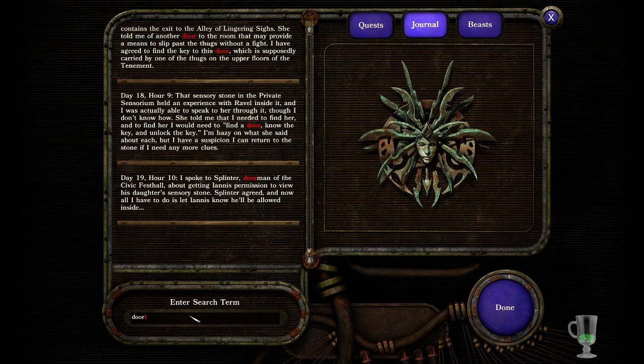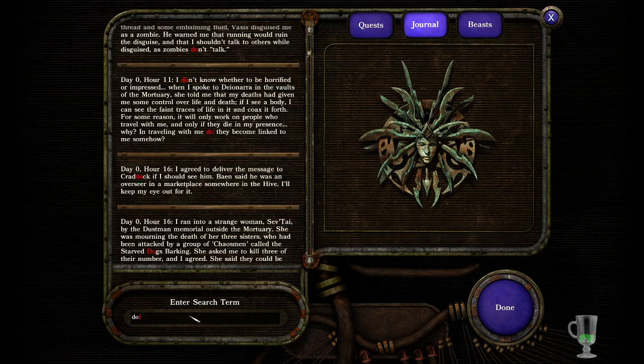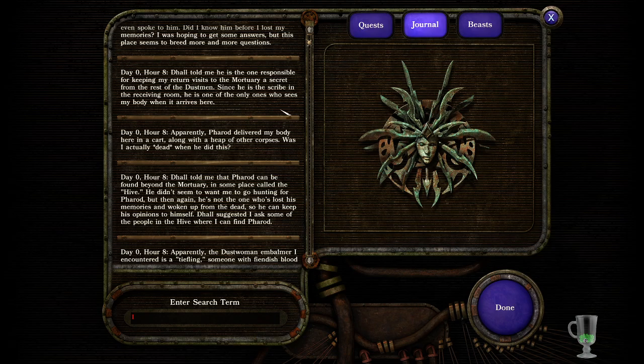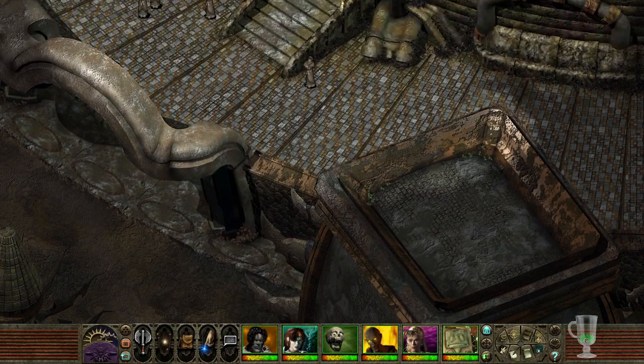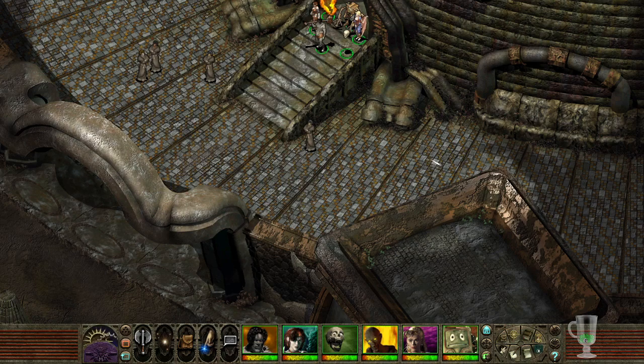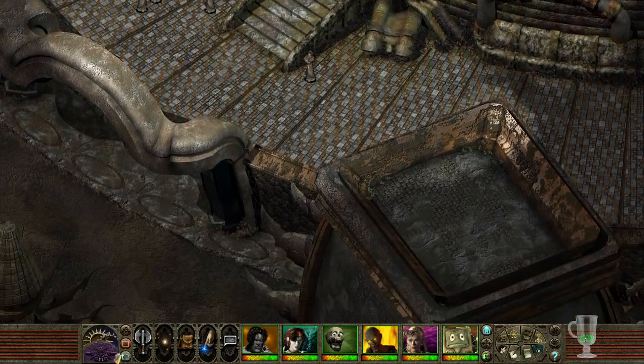Go to Splinter Doorman at the Civic Fest Hall. Provides nothing to me, nothing to me. Help me, help me, help me, help.